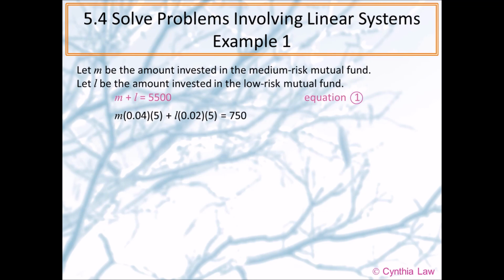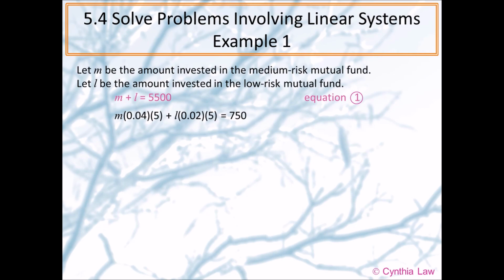So that's our first term. The second term, then, we have the low risk mutual fund. So the principal is L, interest rate is 2%, 0.02, and then time is 5 years. So we have L multiplied by 0.02 and then multiplied by 5. So when we add the two of them up, it's $750.